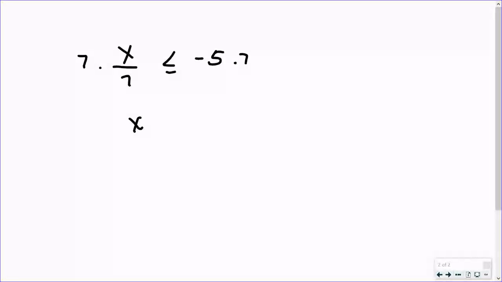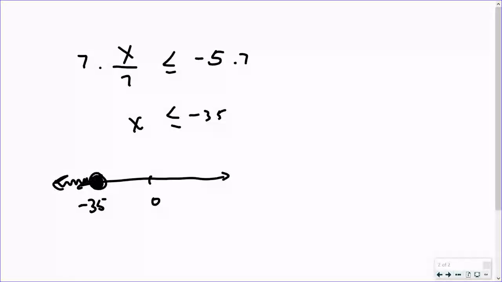Nothing changes. The sign stays the same. 7 times negative 5 is negative 35. So there it is, my 0 mark. Negative 35 is way over here someplace. And I want all numbers smaller than or equal to negative 35. Well, these are all bigger. So I'm going to close this in, and I'm going to shade to the left.